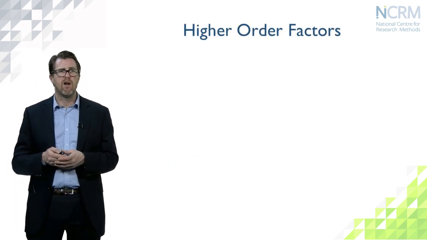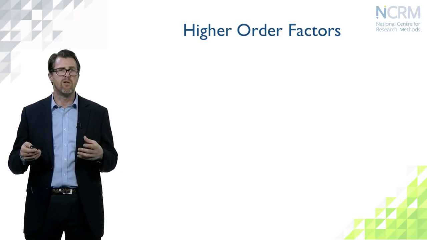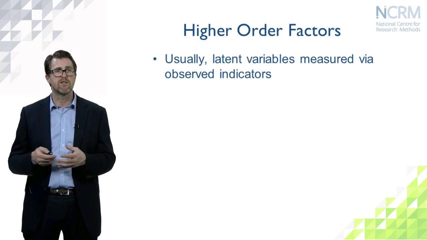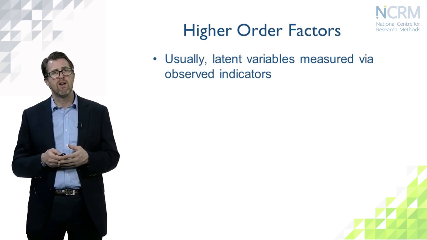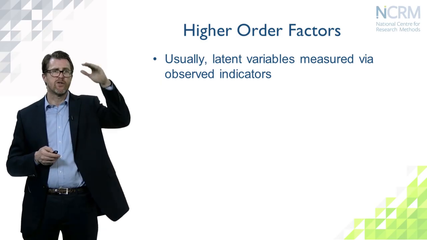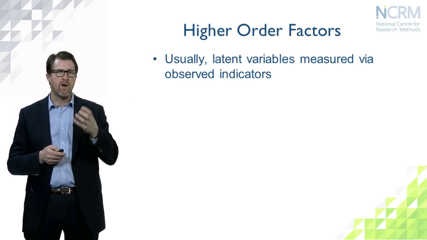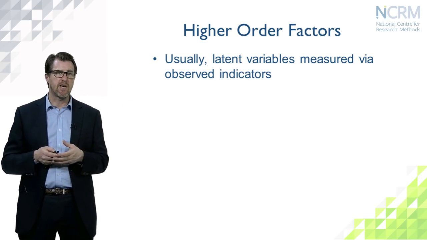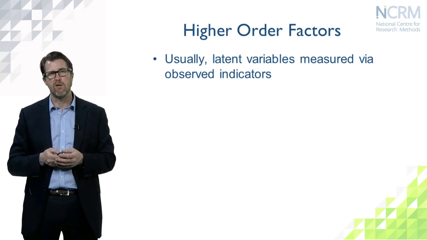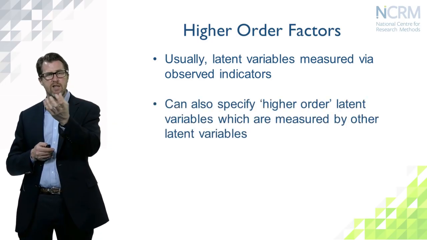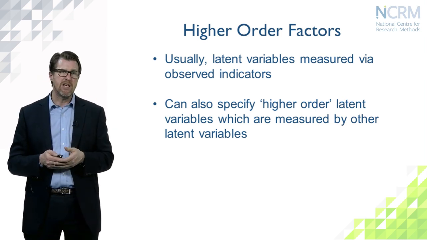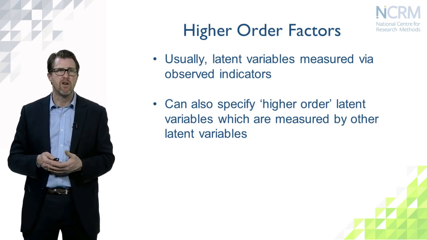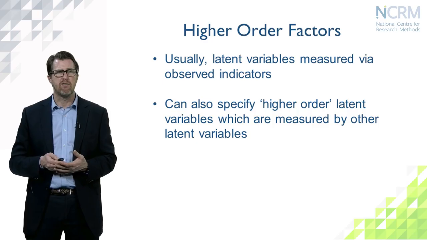Lastly, I'm going to talk about a kind of confirmatory factor model where the latent variables are not measured by observed indicators but are themselves measured by latent variables. So we have a sort of hierarchical structure where a first set of latent variables are measured using observed indicators. We have to have observed indicators at some point in the model, but once that first set of latent variables are measured, then a higher order factor can be added, which is a function of the first stage latent variables.